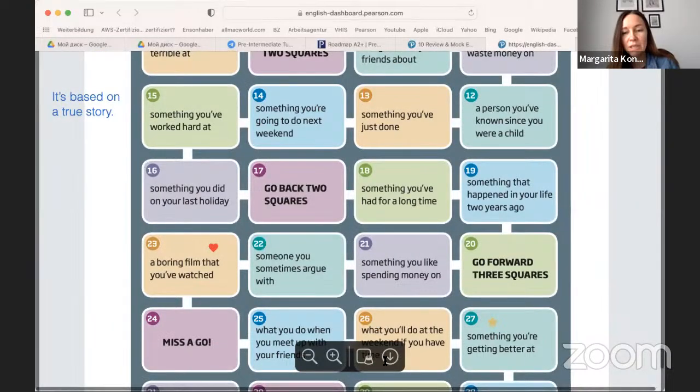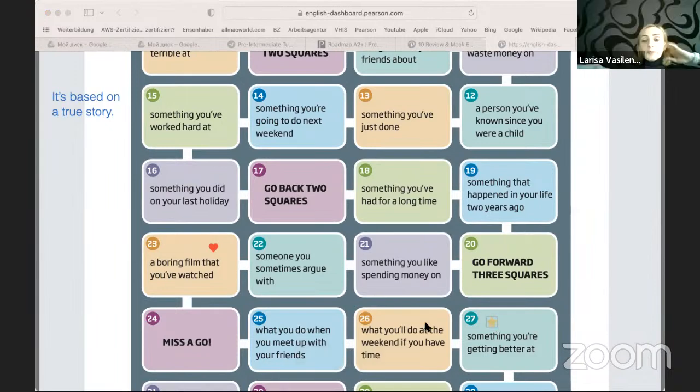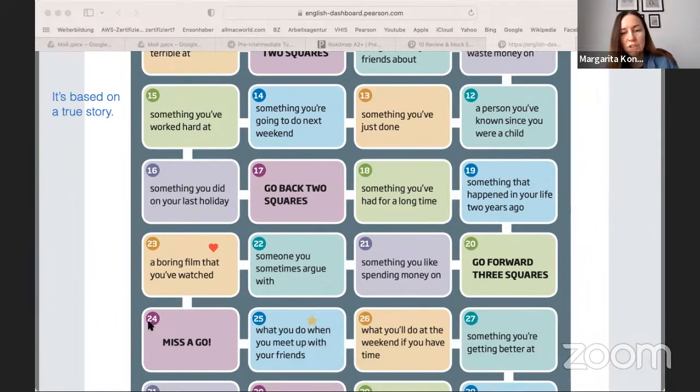I'll throw the dice the last time. 3. Miss a go, but I will take one before. What do you do when you meet up with your friends? When I meet up with my friends, we usually go to cafes or restaurants.